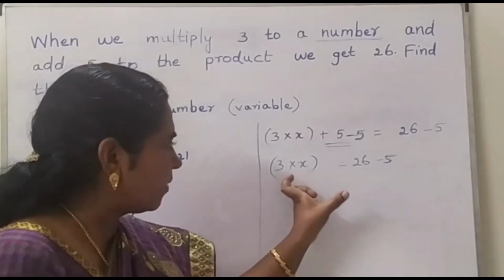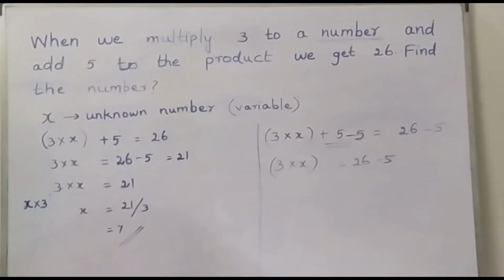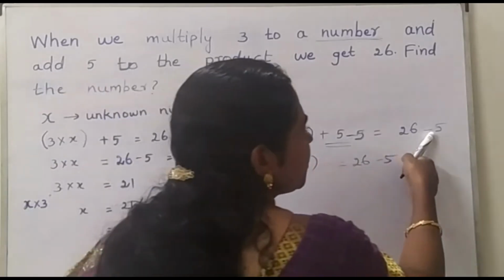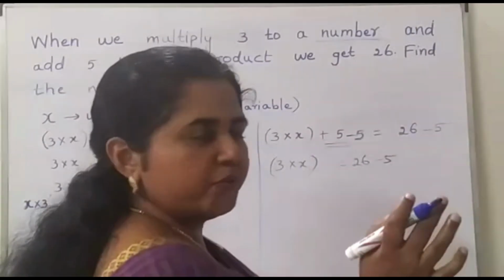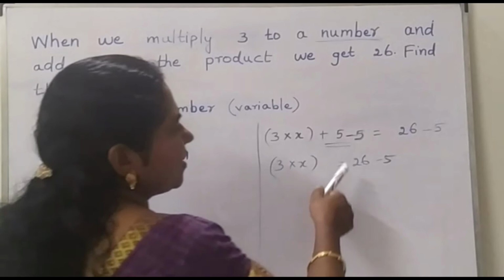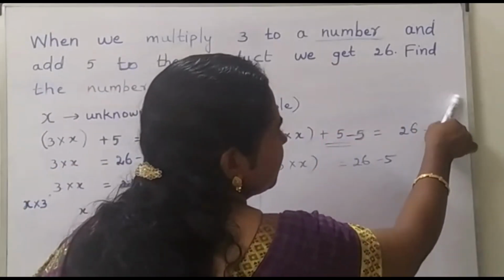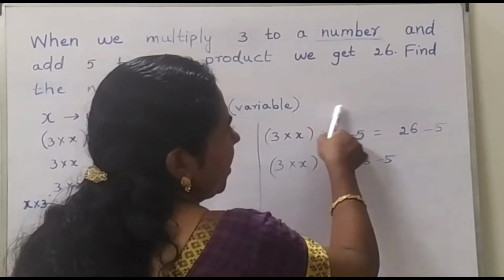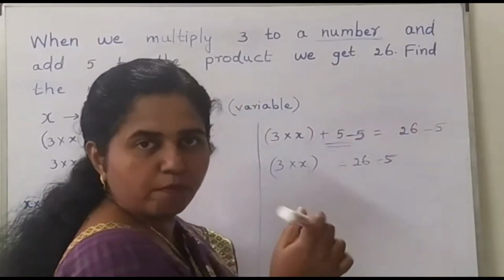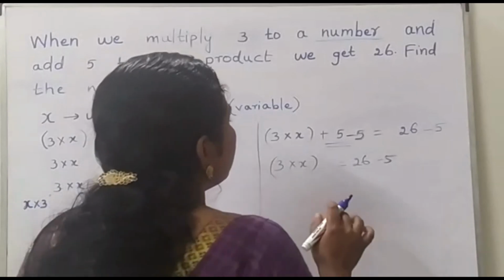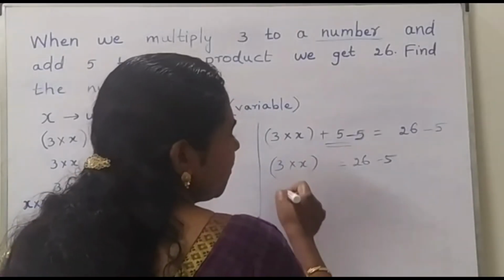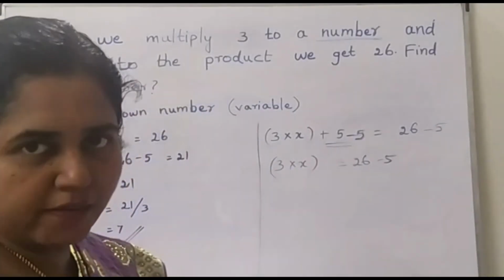Now I think you might be clear about this sign change. It is not only for subtraction, for whatever operation, it is the same concept only. That is, if you are adding plus 5 here, here also you should add plus 5. And if you are doing minus 10, here also you have to do minus 10, whatsoever it may be. And the next it is for multiplication and division also.